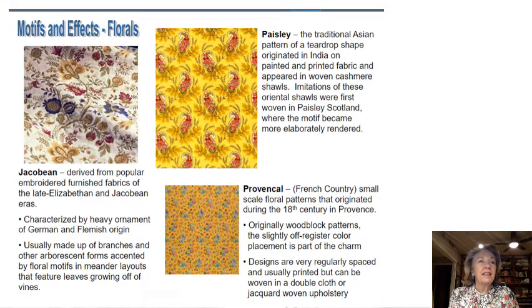It's characterized by heavy ornament of German and Flemish origin, and it's usually made up of branches and other arborescent forms, accented by those beautiful floral motifs in a meandering layout that feature leaves growing off of vines, kind of in the way that we would see them in nature. That is the Jacobean look of imitating embroidered designs.